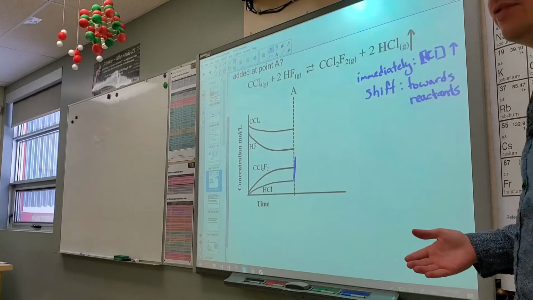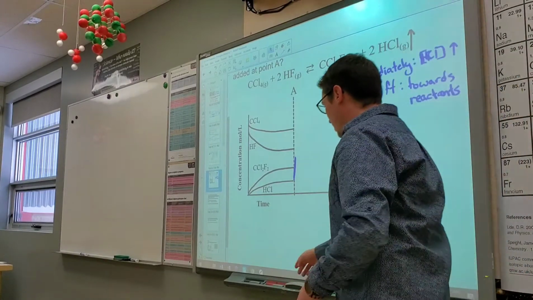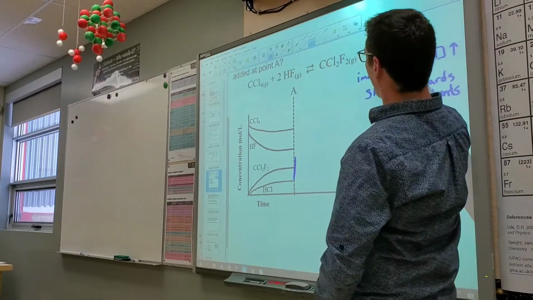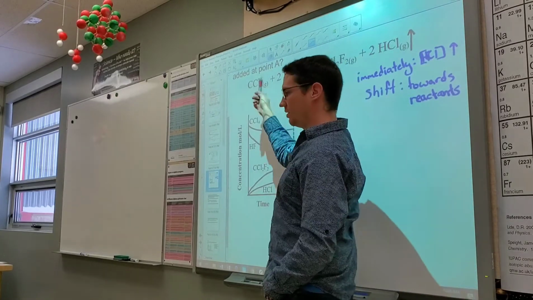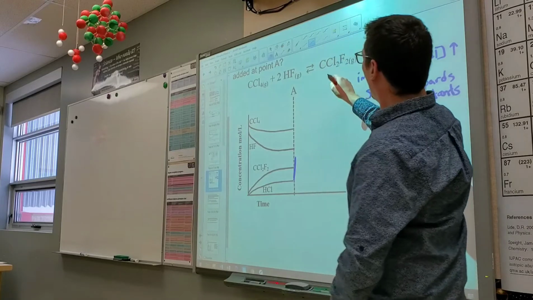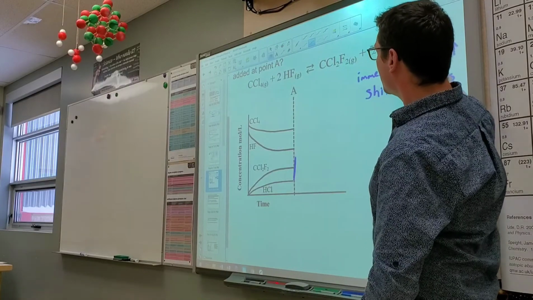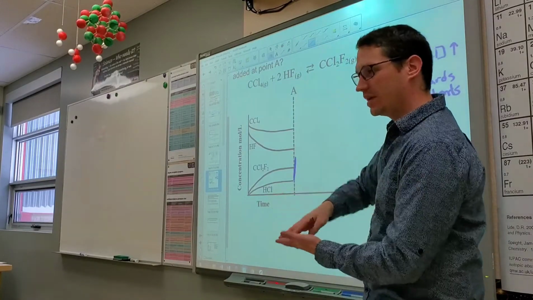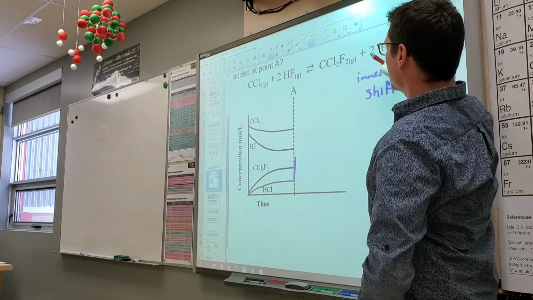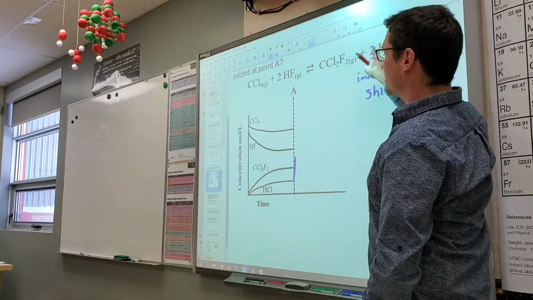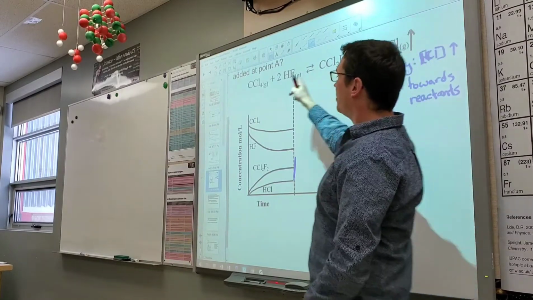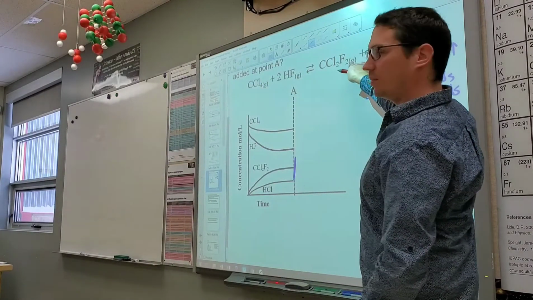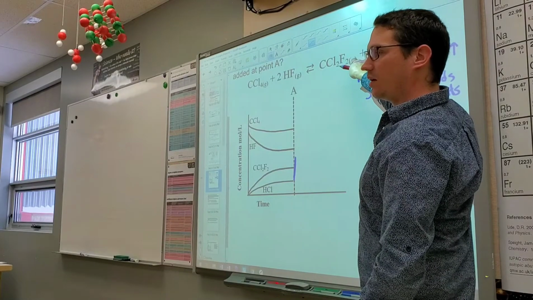When I say a shift towards the reactants, all that means is that we're going to use up some of this stuff to make this. So right now, what's going to happen, I know that HCl just went up, okay? But it's gone up, all right. What's going to happen now to both of these concentrations? If we take these two things, react them together, and make that, what's going to happen to both of these concentrations now?